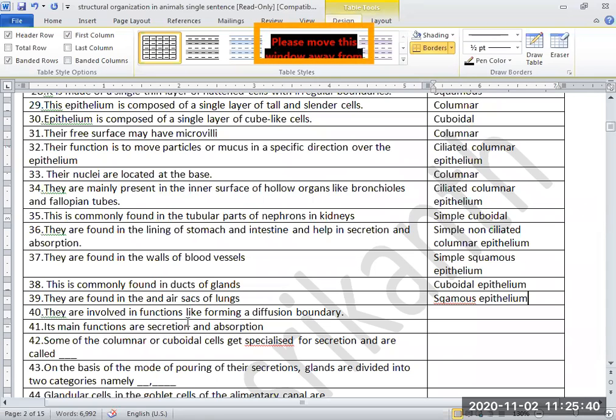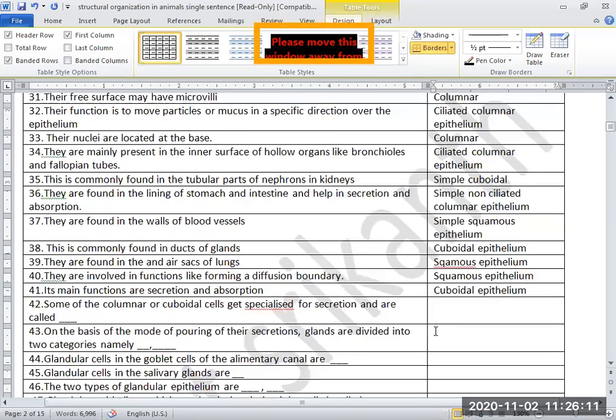Next, they are involved in functions like forming a diffusion boundary. Squamous. Yes, very good. Its main functions are secretion and absorption. Cuboidal epithelium.